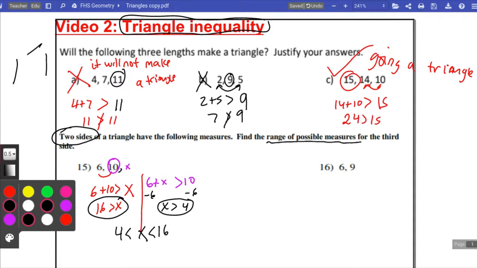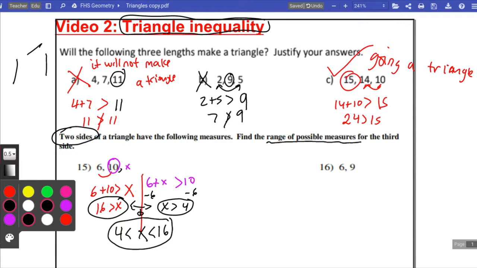Here's what I'm saying. X will have to be greater than 4, and then it has to be anything less than 16. All right, that's another way to rewrite these two. These two can be rewritten like the one I have at the bottom right here.